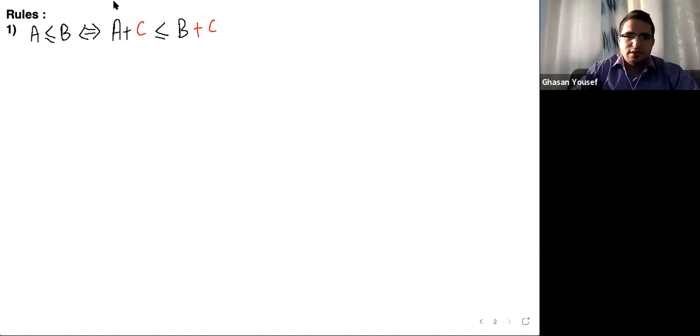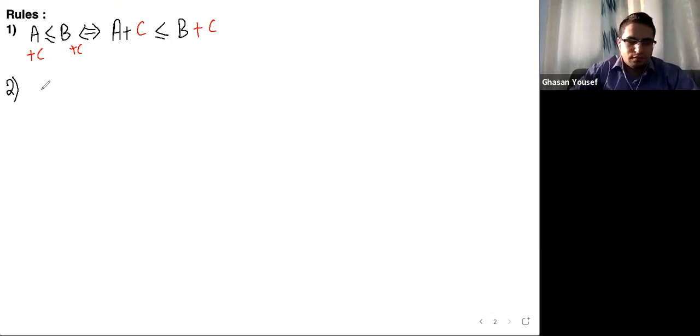So the first rule says I can add the same quantity to both sides, and the sign will not change; it stays less than or equal.